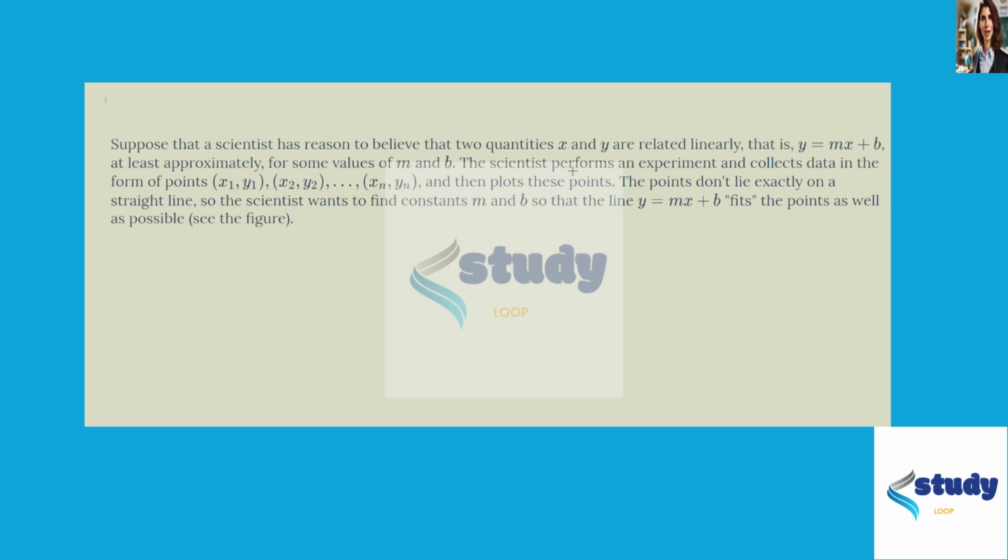The scientist performs an experiment and collects data in the form of points (x1, y1), (x2, y2), ..., (xn, yn), and then plots these points. The points don't lie exactly on a straight line, so the scientist wants to find the constants m and b so that the line y equals mx plus b fits the points as well as possible.